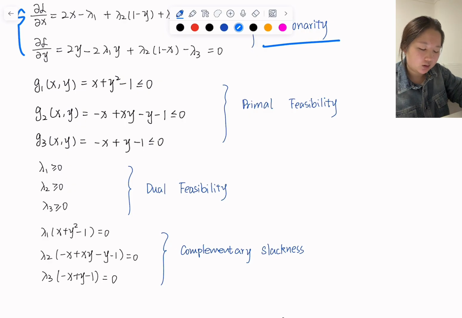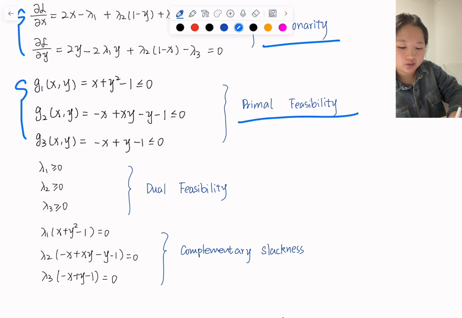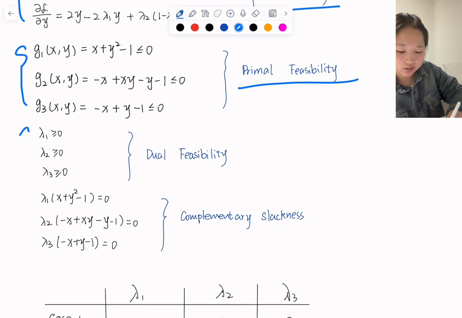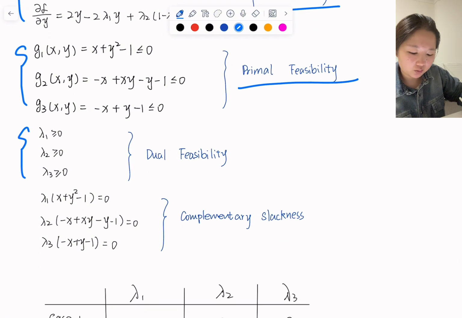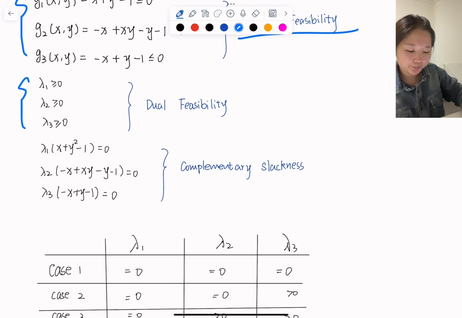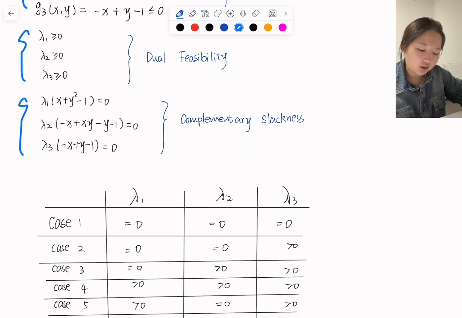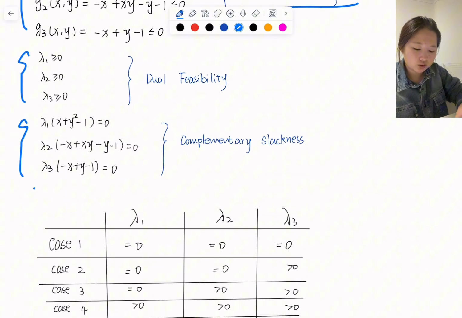The second is the primal feasibility. We need to satisfy the 3 constraints. The third is the dual feasibility, that all lambda should be no less than 0. And the complementary slackness: the 3 elements inside the Lagrangian function equal 0.